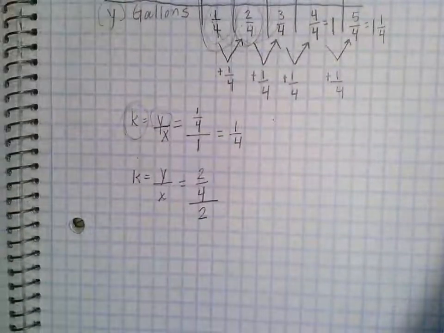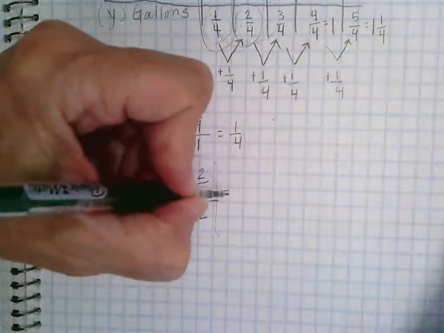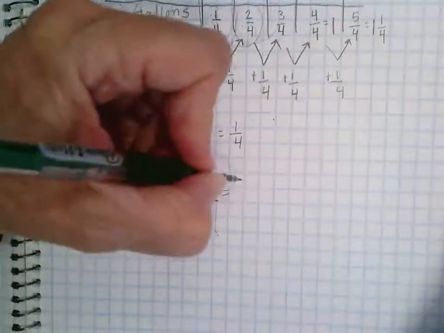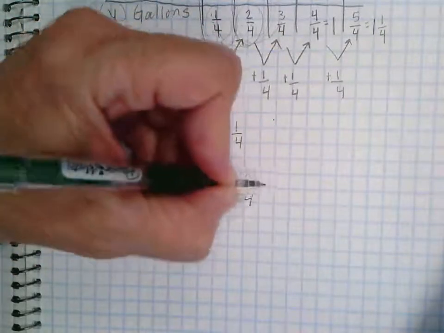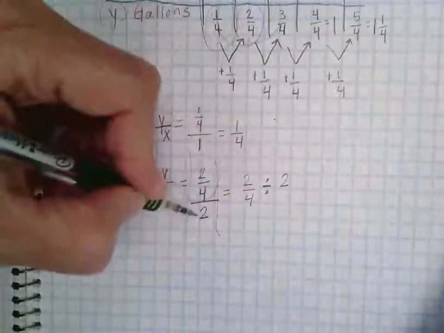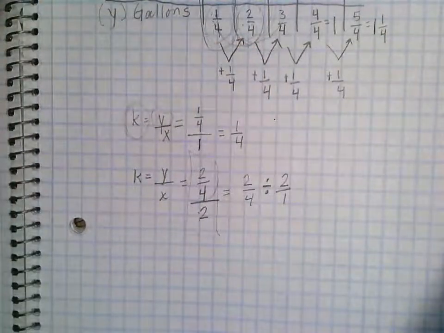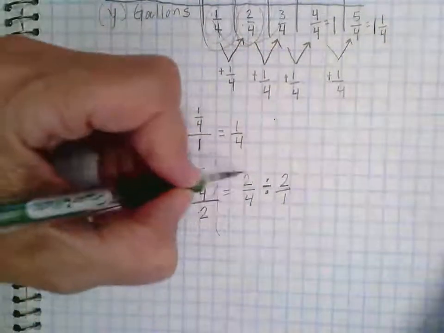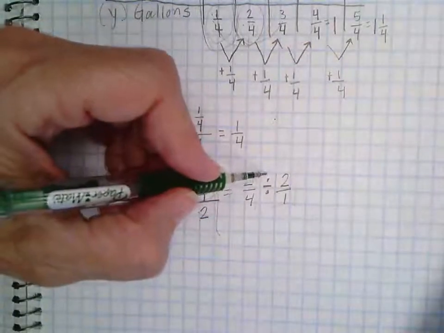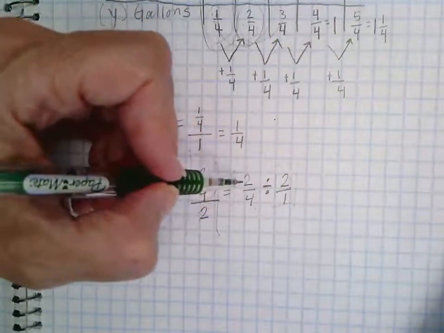Now, if I'm not sure what that is, because this is a complex fraction, I recall my rules for dividing complex fractions. And that is to just rewrite it horizontally, first as a division problem. 2 is the same as 2 over 1. I like to have this in fraction form. Then I use my rules for dividing fractions.